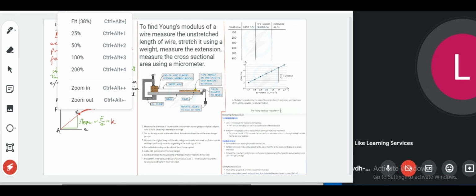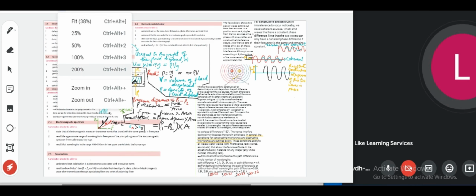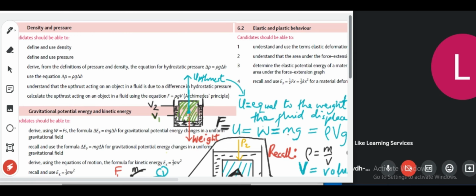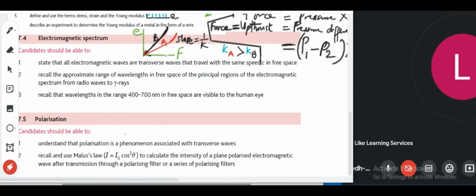Now we can look at different ways we can analyze the spring constant. You know, a string can be connected in parallel or in series.